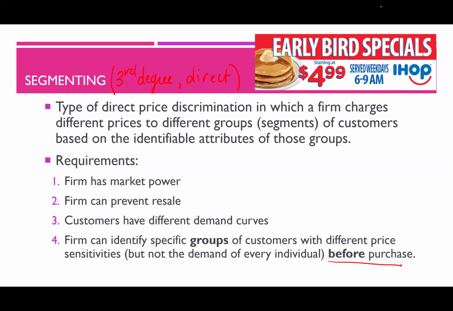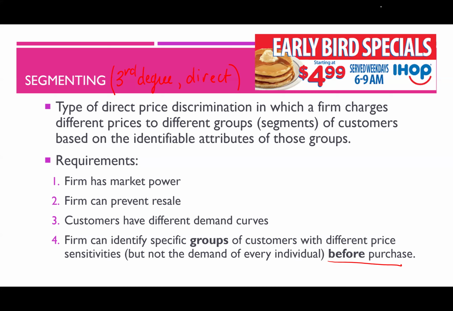And so firms are going to tend to provide students with discounts that they don't provide to non-students. So student discounts at the movie theater, at different museums, at different events, right, are all forms of segmenting, right?